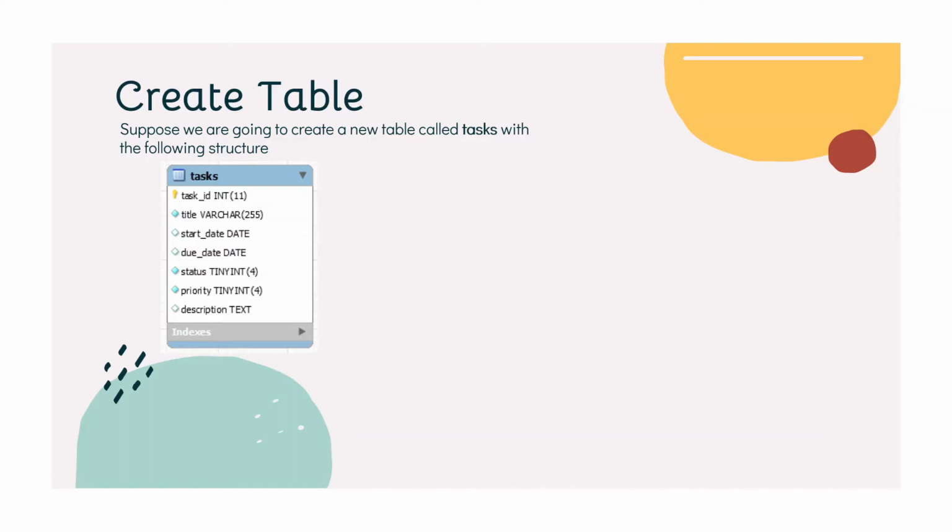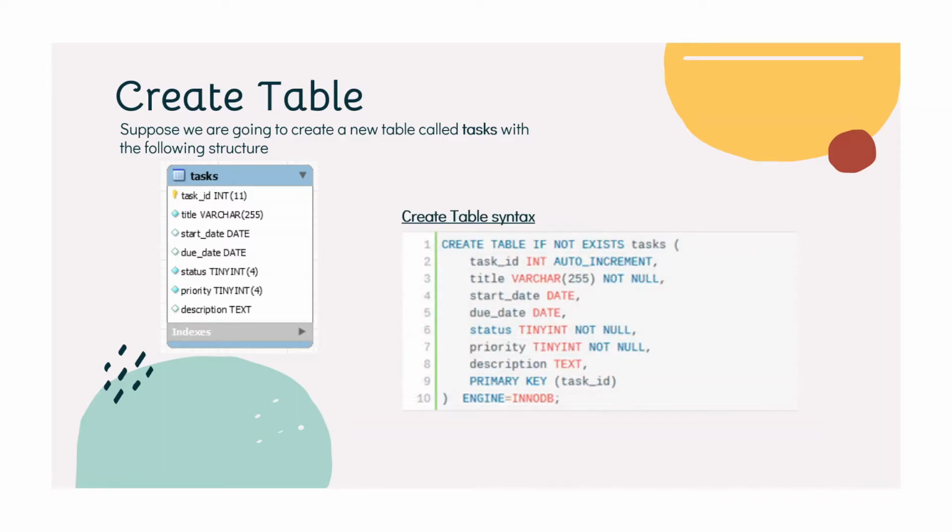We can create this table using SQL syntax, like this: create table if not exists, then the table name is tasks. After that, we specify the column list. First is task ID with the data type integer, and we set task ID as auto increment. Then the second is title. The data type is varchar and maximum length is 255, and set title to not null.